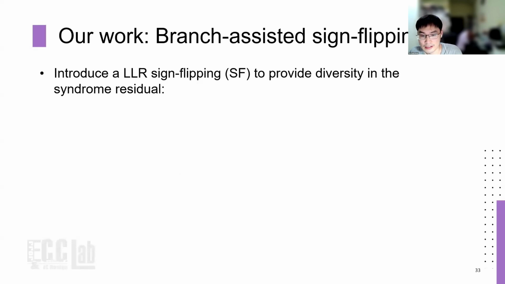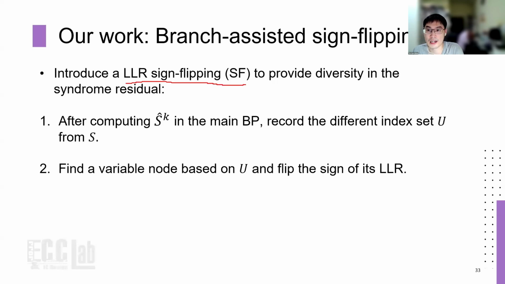Then we further improve our branch-assisted BP to deal with the errors that BBP cannot solve. We propose an LLR sign flipping process to provide diversity in the syndrome residual. The steps are: after computing the estimated syndrome at a certain iteration in the main BP, we record the different index set U by comparing the estimated and real syndrome.